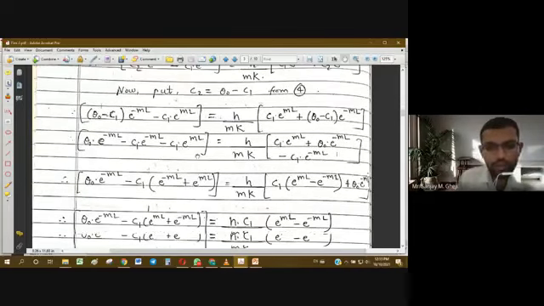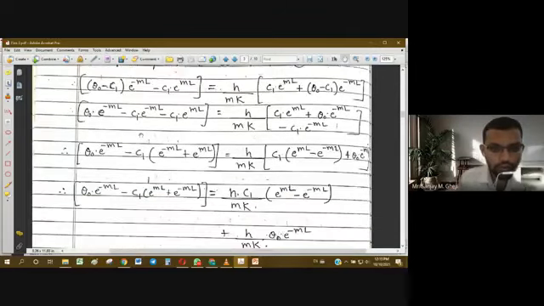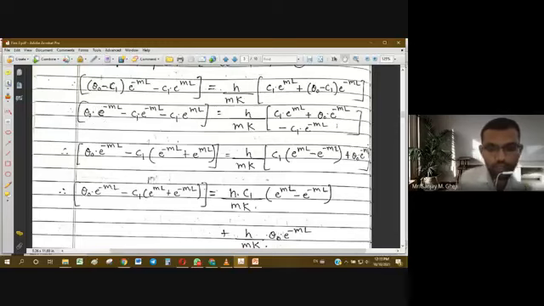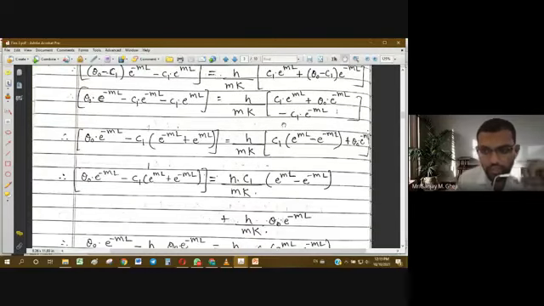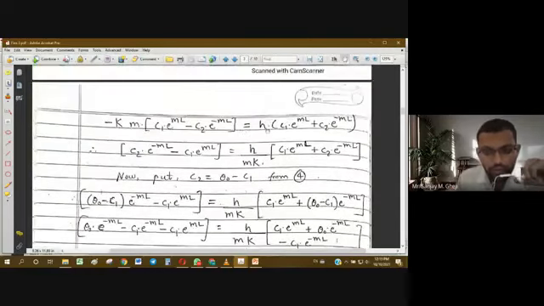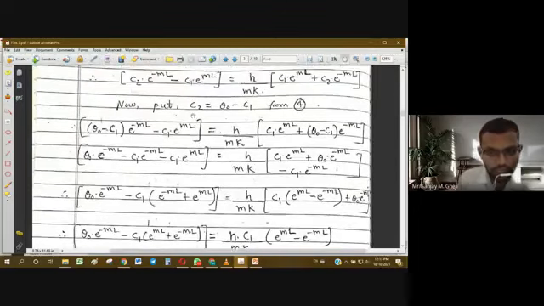Then we will solve it for constant C1. So all the theta 0 terms have been taken on the left hand side, theta 0 e raised to minus mL, and all such terms having h upon mk are taken on the right hand side.